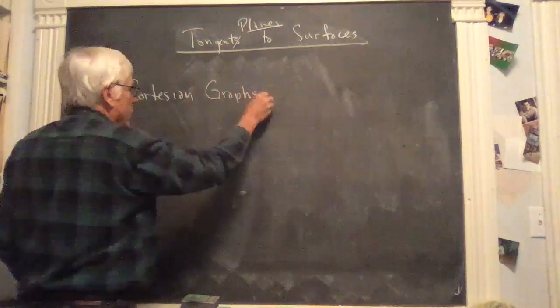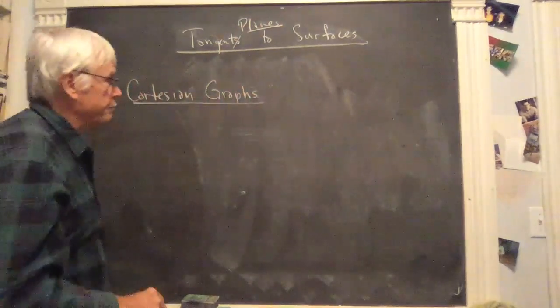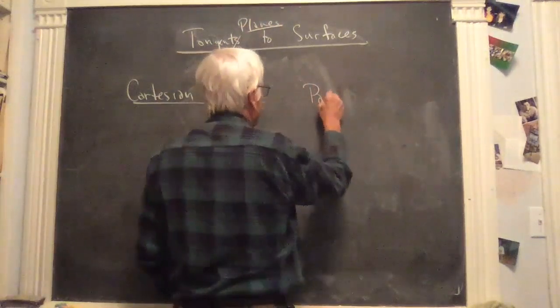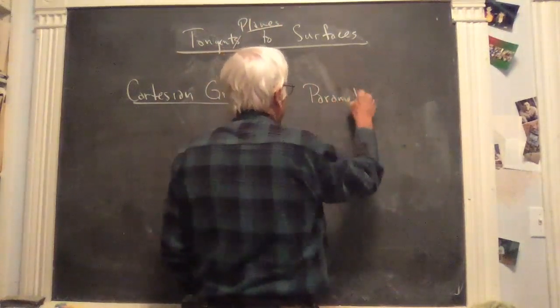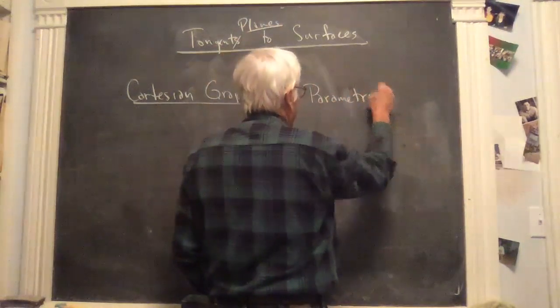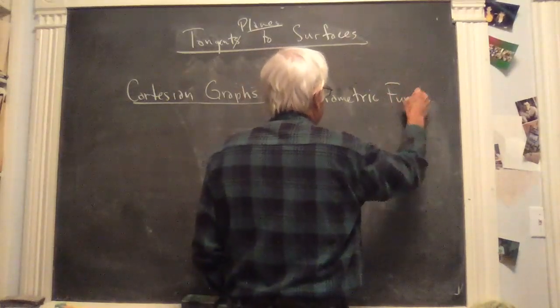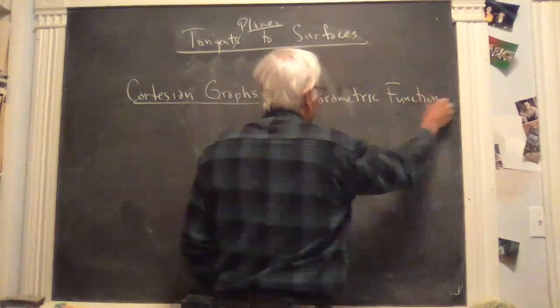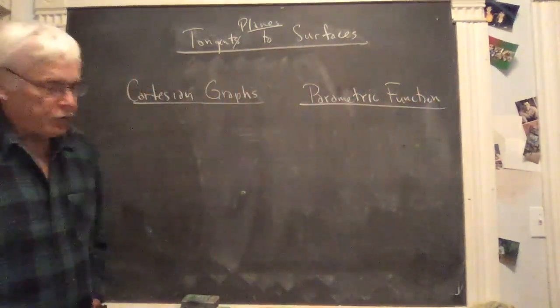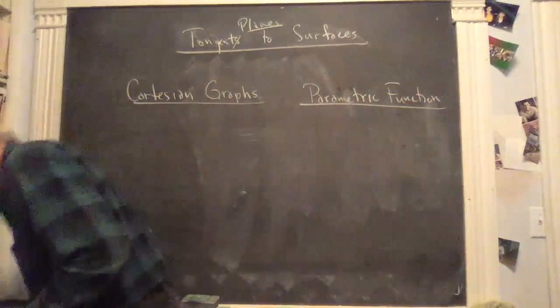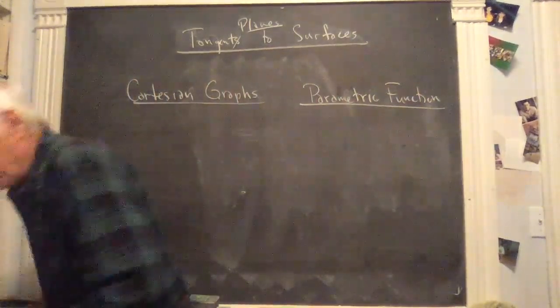So we're looking at a Cartesian graph, or we can look at a parametric function, in which case we're not looking at the graph, we're looking at the range. And there's a relationship between these two, and it's a relationship that I want to talk about.